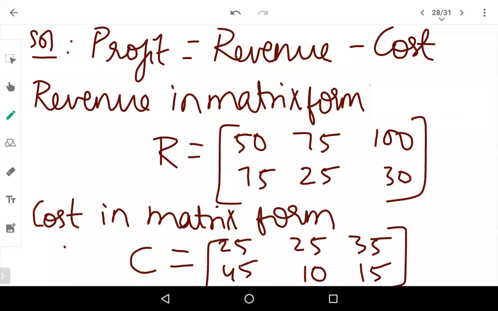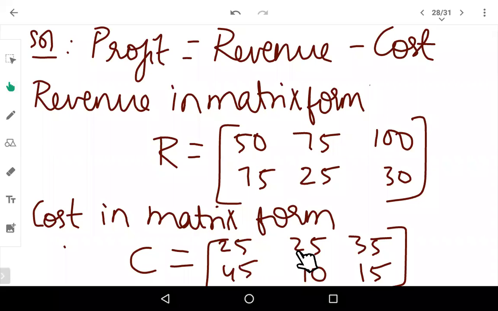Okay. Now all that we are supposed to do is just subtract these two matrices, revenue and cost matrix. Once you subtract both the matrices, what you will get is profit. And that will be our answer. So profit matrix is what we are supposed to find out. Okay.